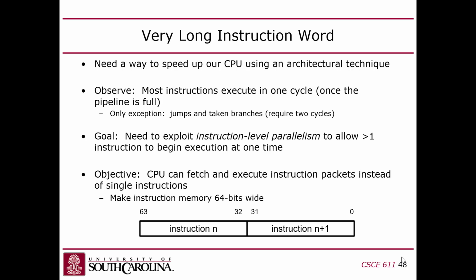So anyway, this is a VLIW, very long instruction word, where basically the idea is to pair every pair of instructions together and execute them at the same time. What happens if you can't execute them at the same time? Well, then you put a no-op. You just have one instruction and a no-op, and then it becomes the same as our old CPU. It operates the same.